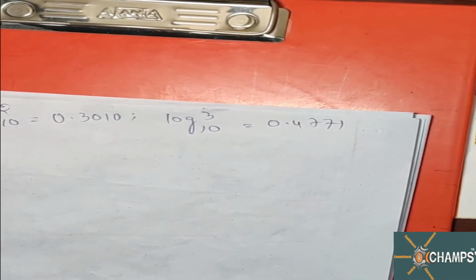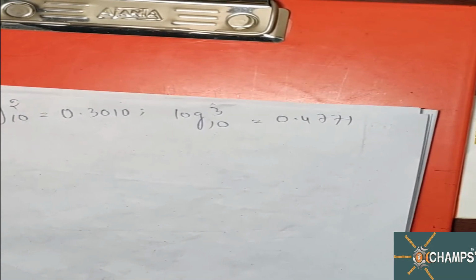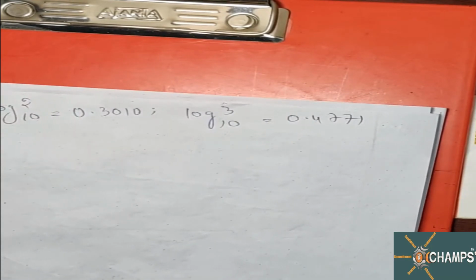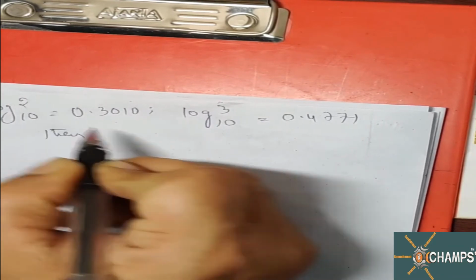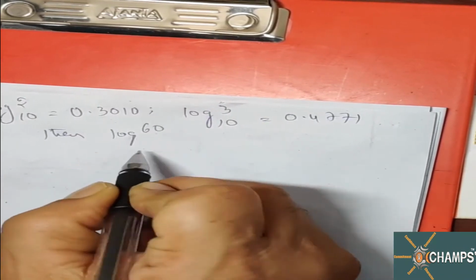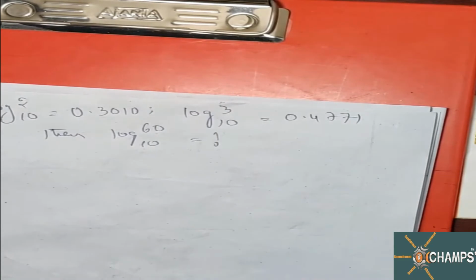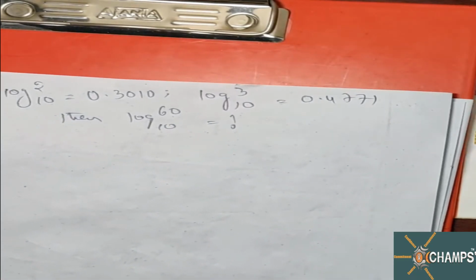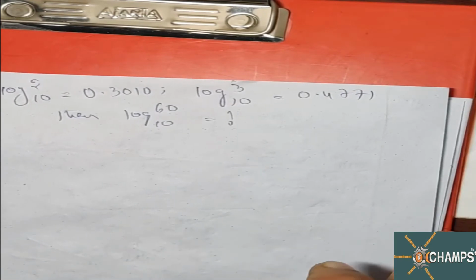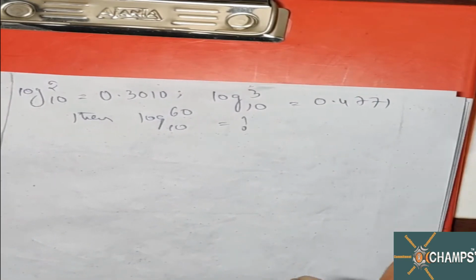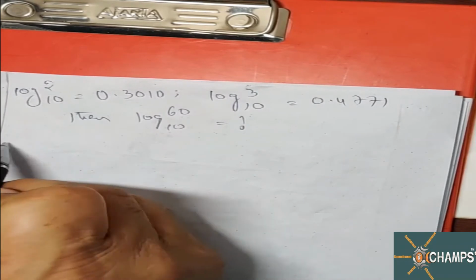Then log 60 to the base 10 is equal to question mark. Now solution.